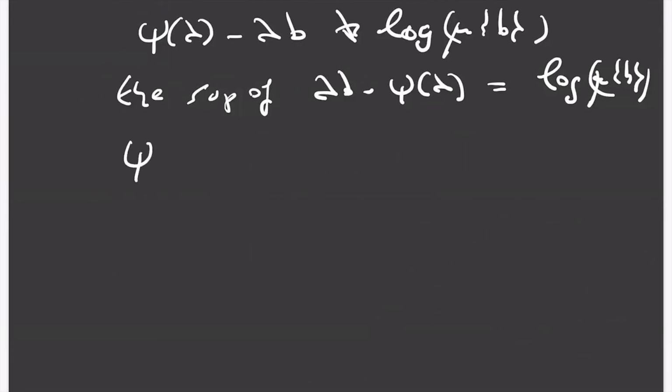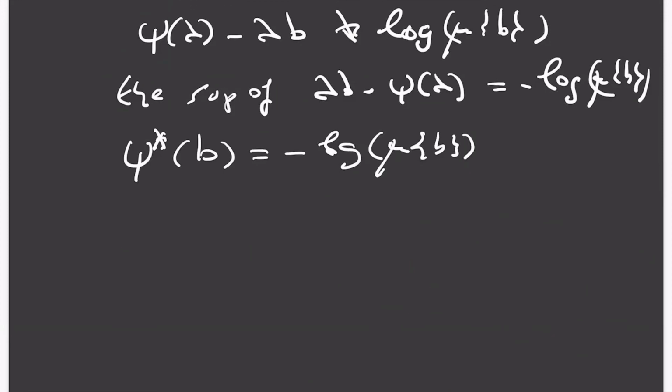So psi star of b is simply minus the log of the measure of point b. And so the quantity that we had in the limit, which was minus log of the mass of b for the measure mu, turns out to be the value of the rate function psi star at point b.